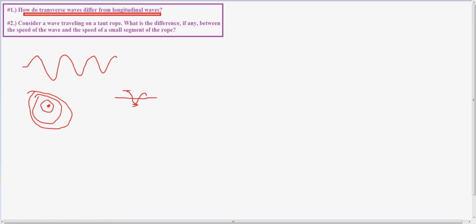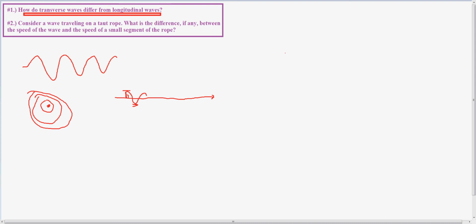The wave is formed perpendicular to the direction of motion. So if you look at a drop of water, it spreads outward, but the wave is always coming up or down into the water, and then they move out that way.